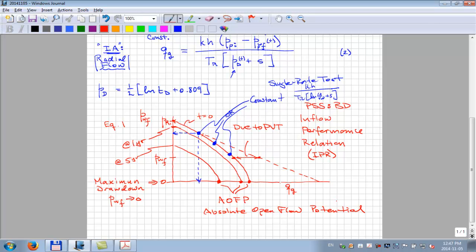And it would require putting a big compressor sucking on the gas at the top to bring the pressure so low, and putting in infinite sized tubing, okay? So you'd have a lot of strange things going on, but it's the absolute open flow potential. Sometimes we refer to it as QG max.